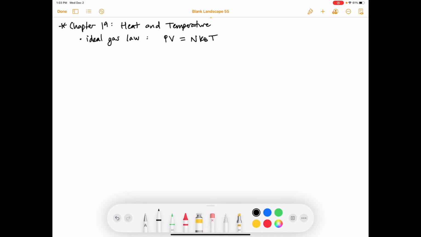So P is the pressure, V is the volume, N is the number of particles of gas in your particular sample, kB is just a constant, and T is the temperature.